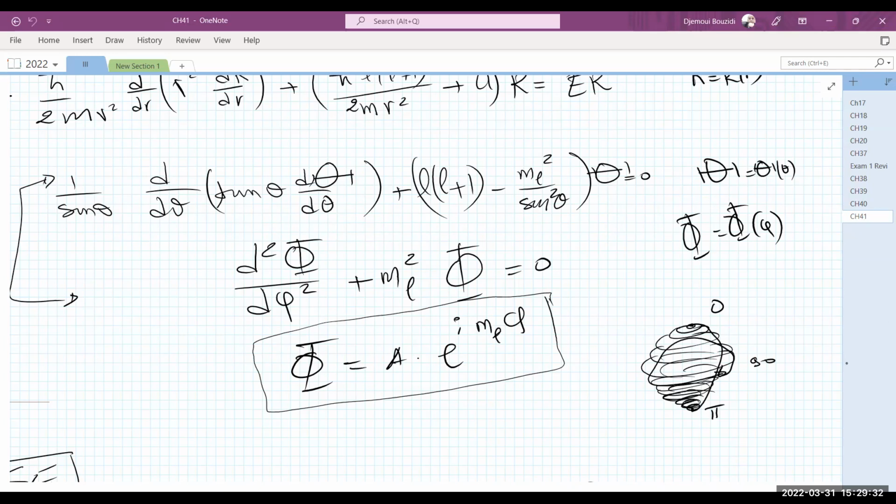So here's a problem with phi. If it goes from 0 to 2 pi, that means that the electron in this case goes a full circle and comes back. The wave function should not change if I change this value by 2 pi, because I'm back to the same location from where I was. If r is fixed and theta is fixed, then wherever I was on that ring, I came back to it. So the wave function should be the same.